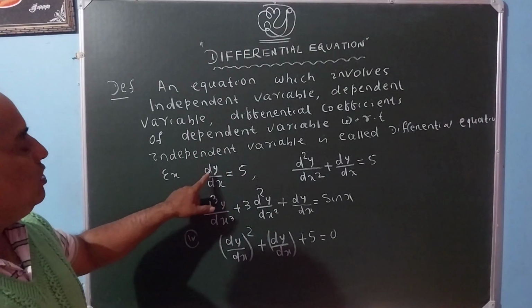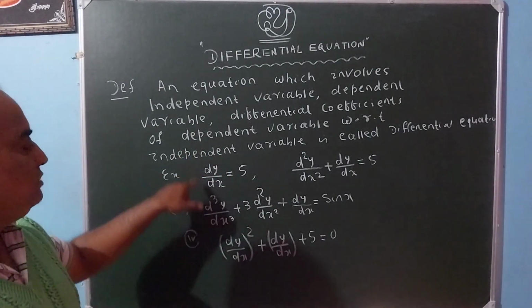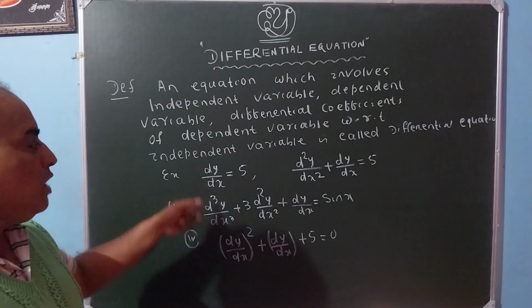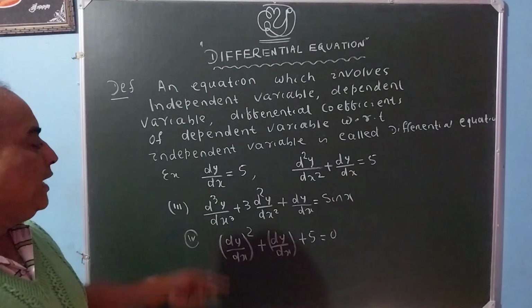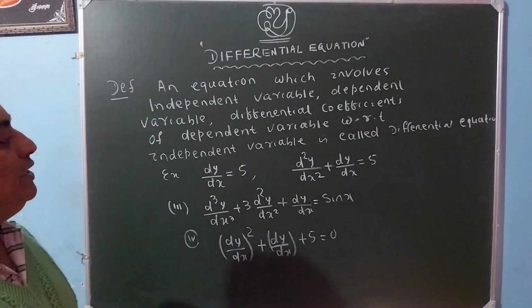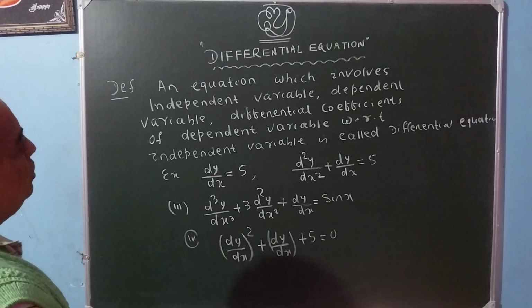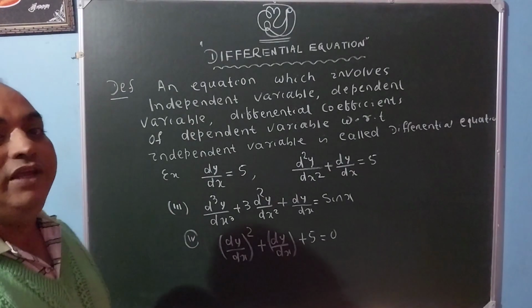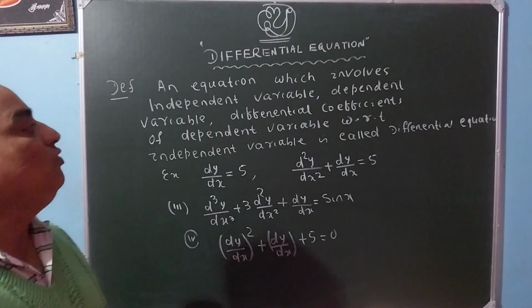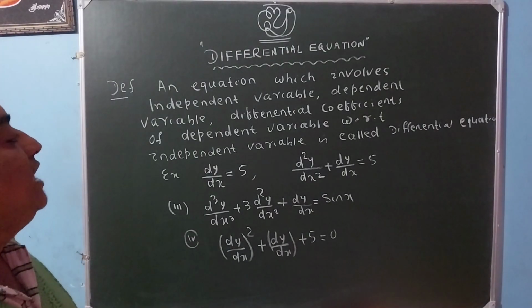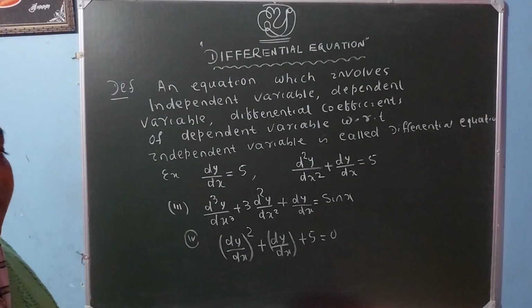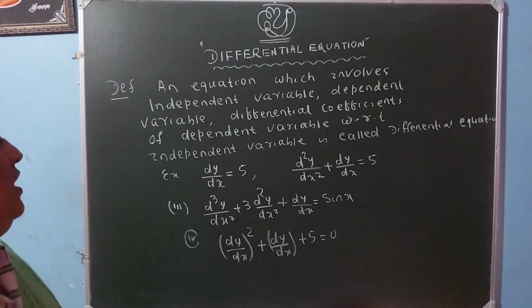So an equation which involves the derivatives dy by dx, d square y by dx square, d cube y by dx cube is called a differential equation. An equation which involves the dependent variable, independent variable and differential coefficients of a dependent variable with respect to independent variable is called a differential equation.